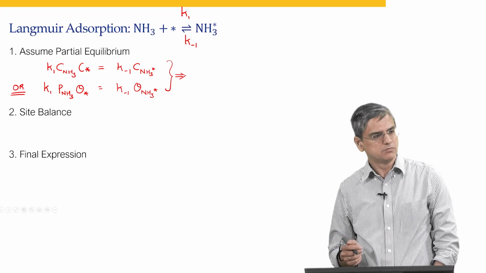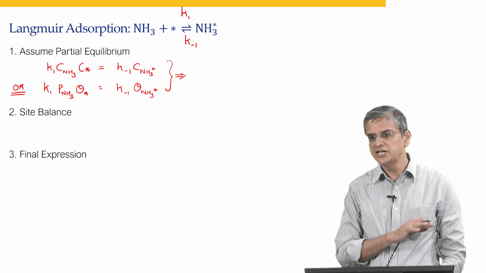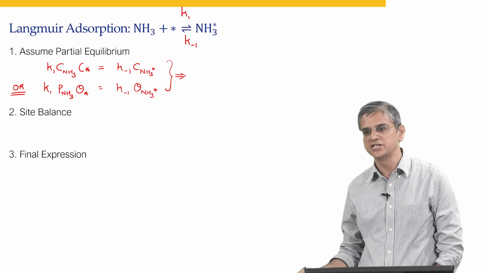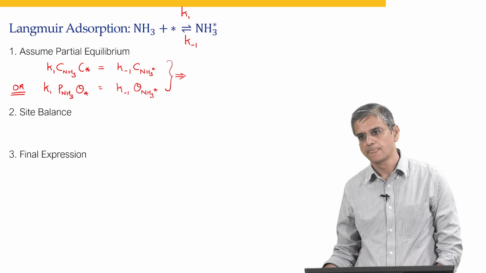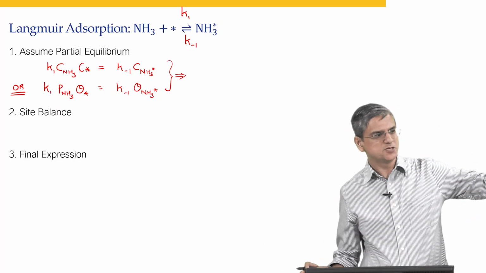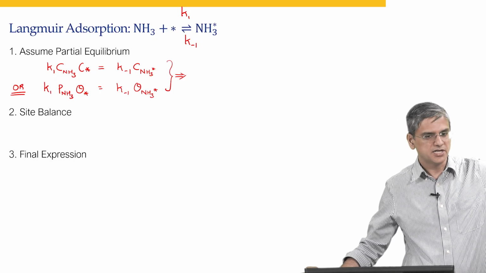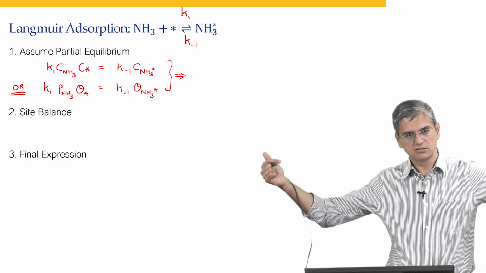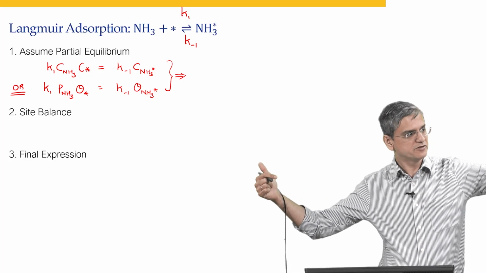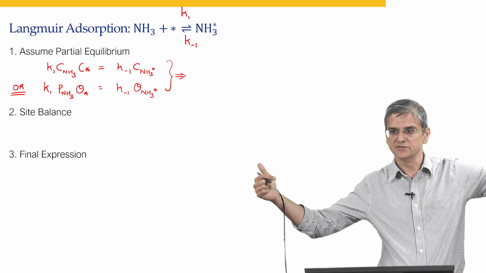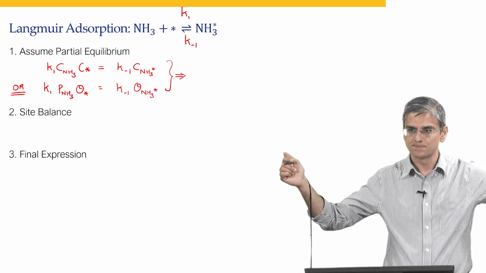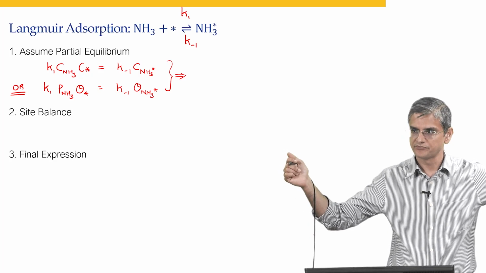Typical rule of thumb, express theta X star as much as possible in terms of theta star. Let us say you have 5 species, theta A star, B star, C star, D star, E star and then star. You need 5 equations to eliminate A, B, C, D, E. The 6th equation is going to be the site balance.